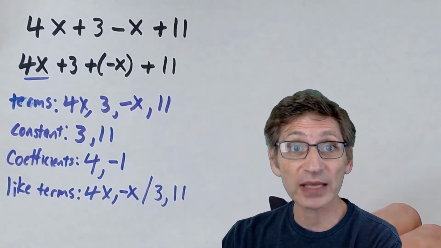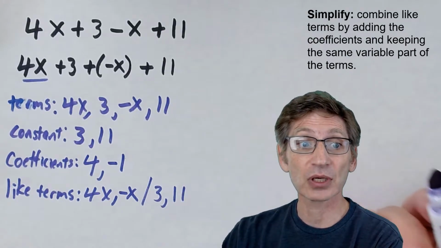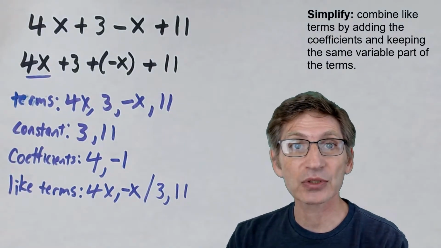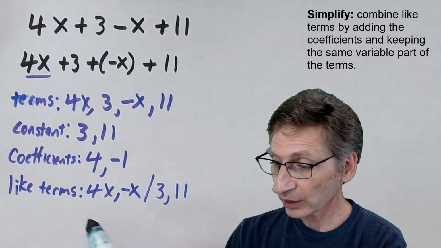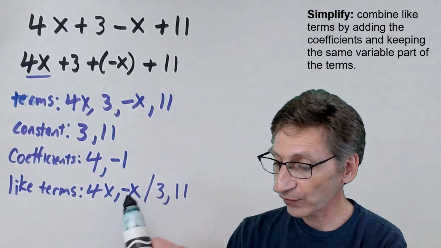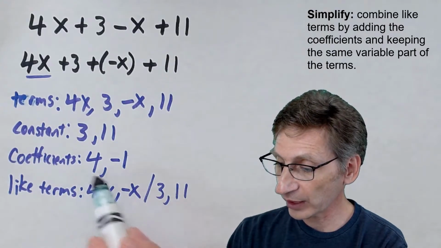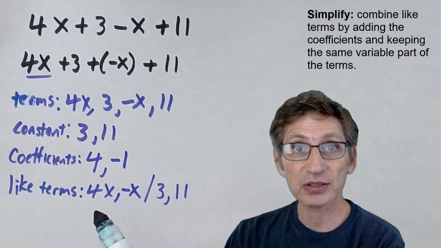To simplify the expression, we are going to combine the like terms. Combining the like terms means adding their coefficients. I have like terms of 4x and negative x. Well, the coefficients are 4 and negative 1. We identified those right here. 4 plus negative 1 is 3.